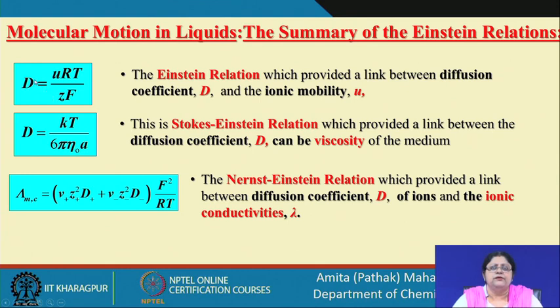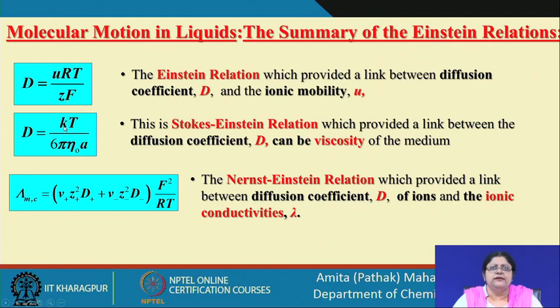In the Einstein relationship, the capital D is the diffusion coefficient of the ions or particles if they are not charged. U is the mobility of the ions if they are charged, and if they are not charged, they are just the velocity of the particles. If they are not charged, then we do not have the z, the charge of the ion which is associated, and F is obviously the Faraday constant.